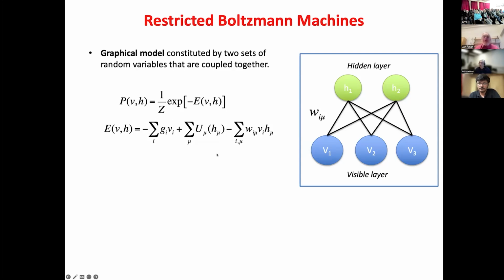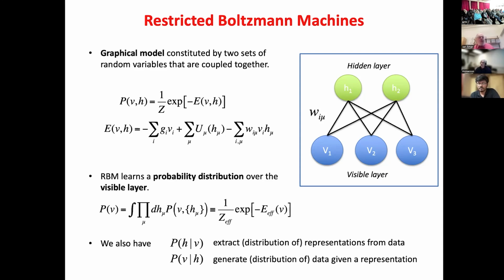We have local terms, which are more complex, I'm going to explain that, acting on these hidden units. And we have also couplings between the two layers. We have no couplings within the layers, only between the layers. That means that any kind of correlation between V1 and V2 within the data has to be explained through interaction with H. So the H's will focus on creating these effective correlations, right?